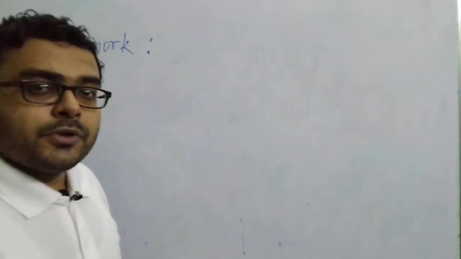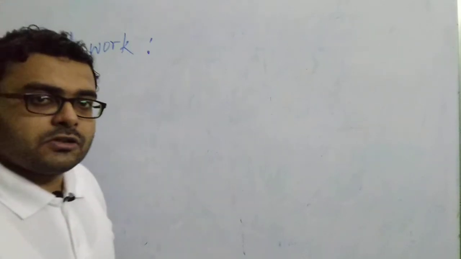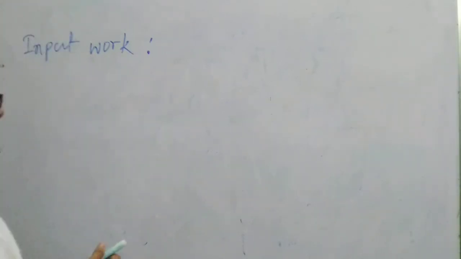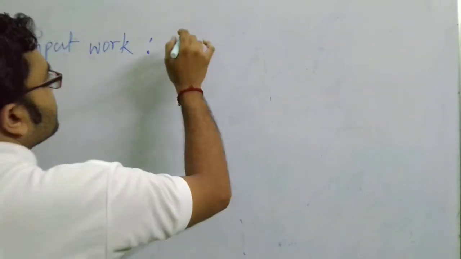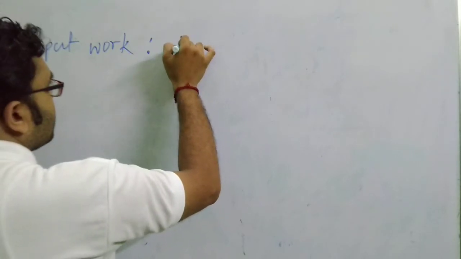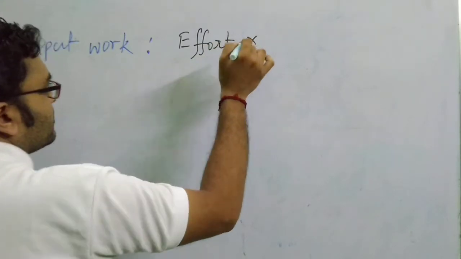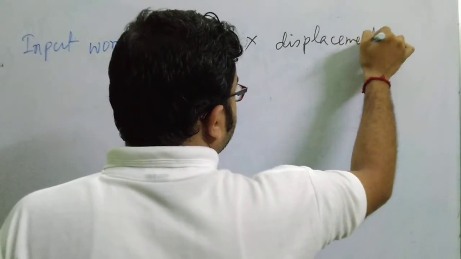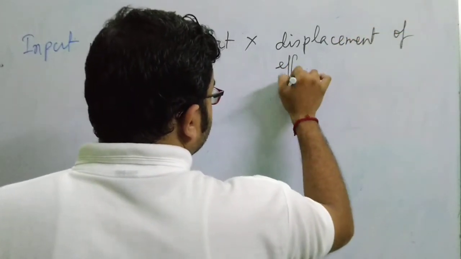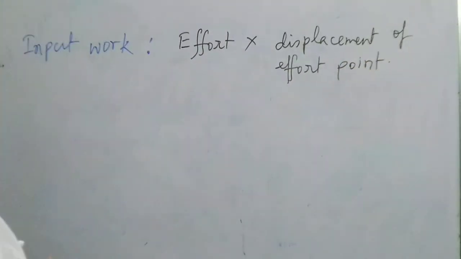Similarly, when effort is applied at the effort point and the effort point moves a certain distance, then that kind of work is said to be input work. So input work can be defined as effort times the distance moved by the effort point. So we can write: work input equals effort into displacement of the effort point.